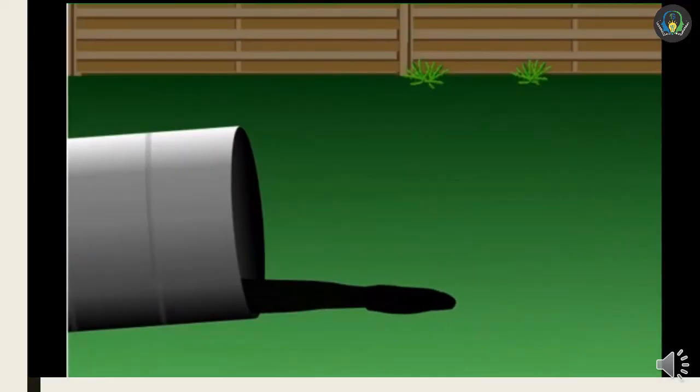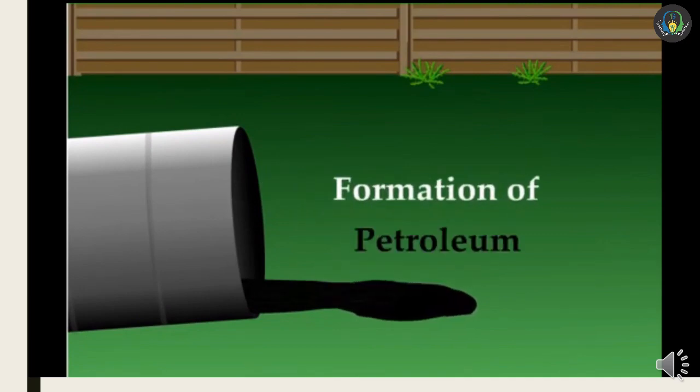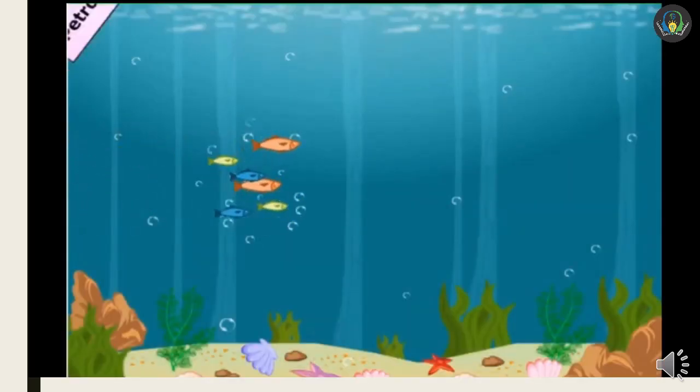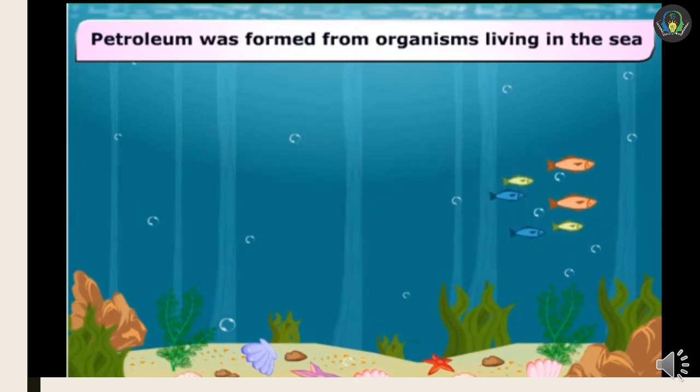After getting an overview about the chapter, let's get into the formation of petroleum. Formation of petroleum is again a very lengthy process in terms of time. Petroleum was formed from the organisms living in the sea.